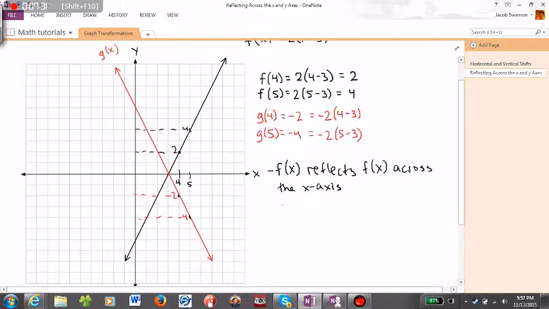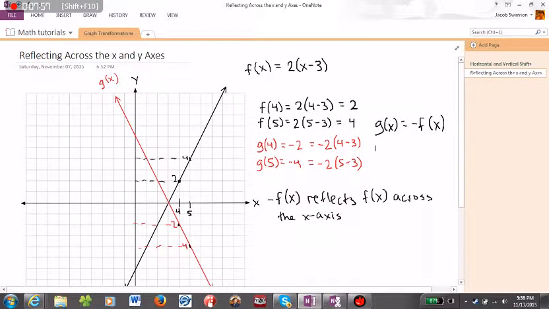We find that g of x is equal to the negative of f of x. So that's all there is to reflecting across the x-axis. You take the function or equation you're given, put parentheses around the whole thing, and then put a negative sign up front. That's how you get a reflection across the x-axis to transform your graph.